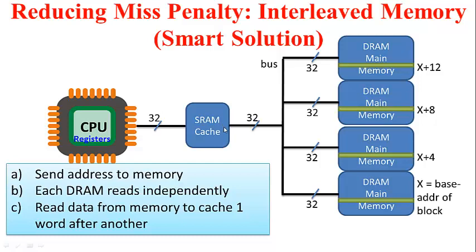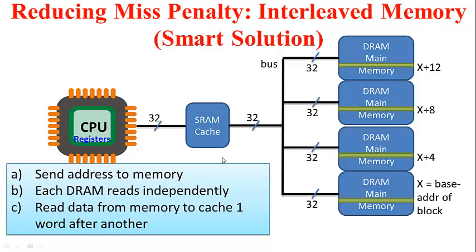So in one single step, this address is broadcast from the cache to all 4 of these main memory units. And each of these main memory units is now going to initiate read of the word corresponding to the address given. So the address given for the first main memory block here will correspond to the first word in the block which is being read, and the address which is being read in the second main memory block will correspond to the second word in that block, and so on.